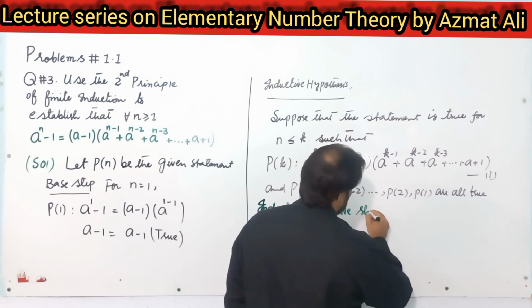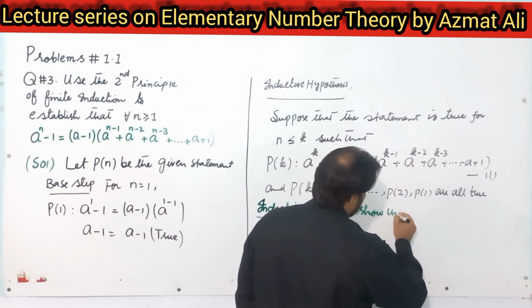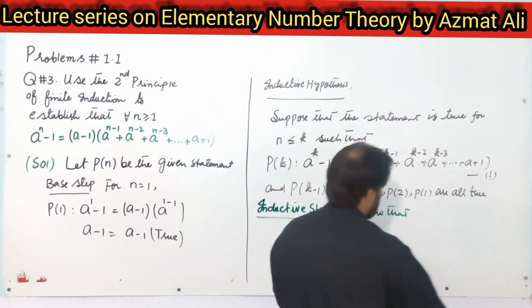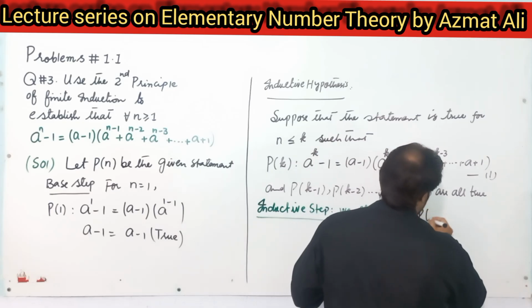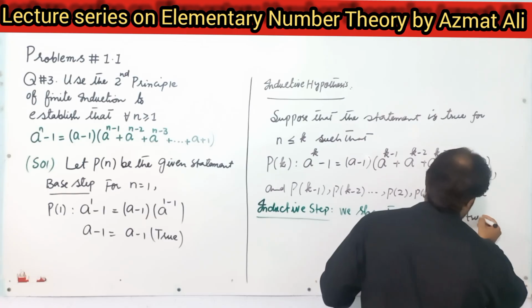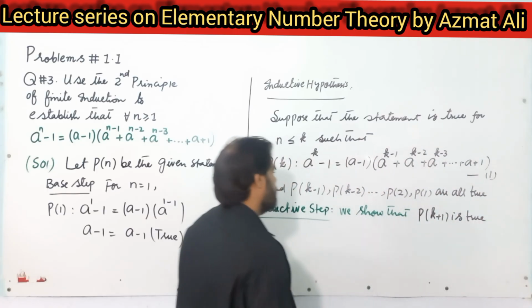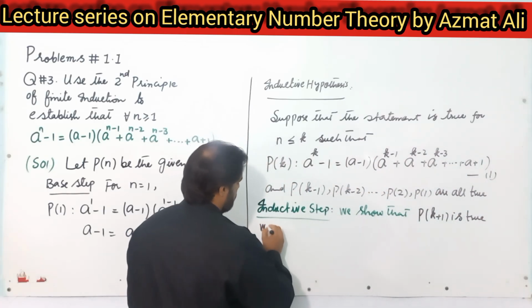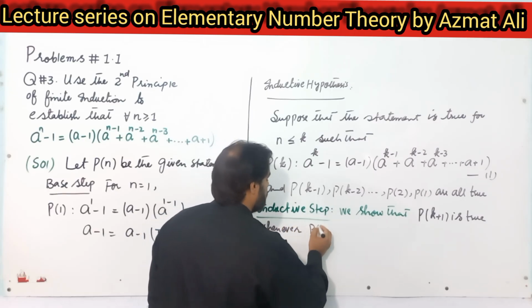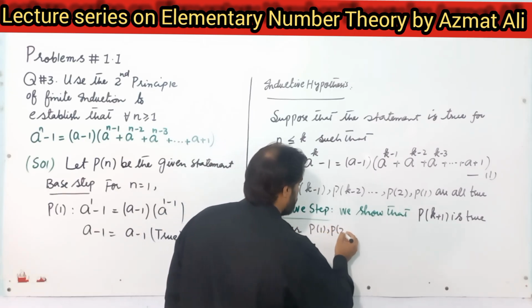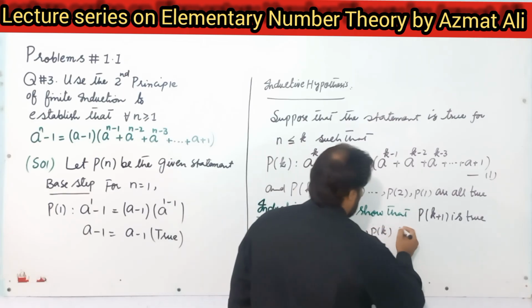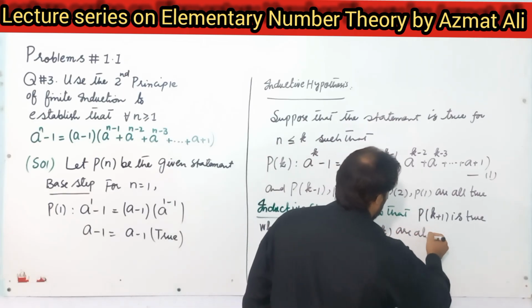We show that Pk plus 1 is true whenever P1, P2, and so on up to Pk are all true.